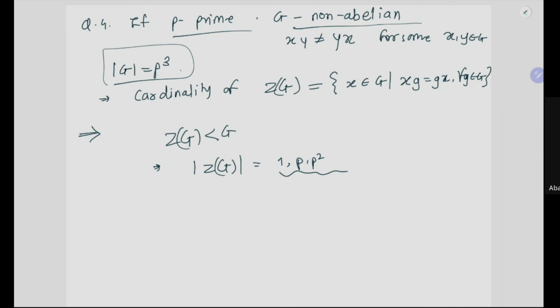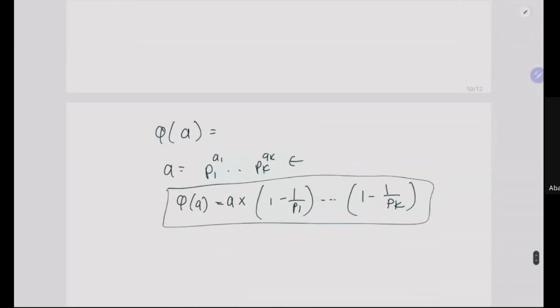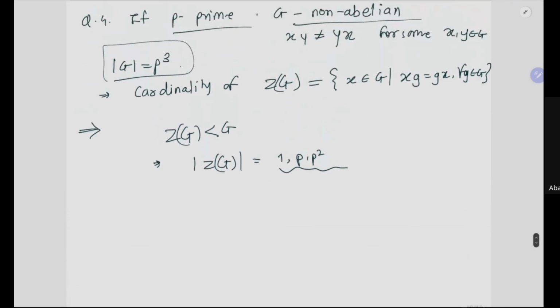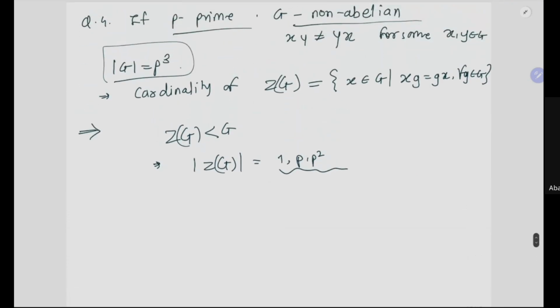Can somebody think of it? How to proceed? There are three possibilities. Can somebody tell me, is one possible in this case?